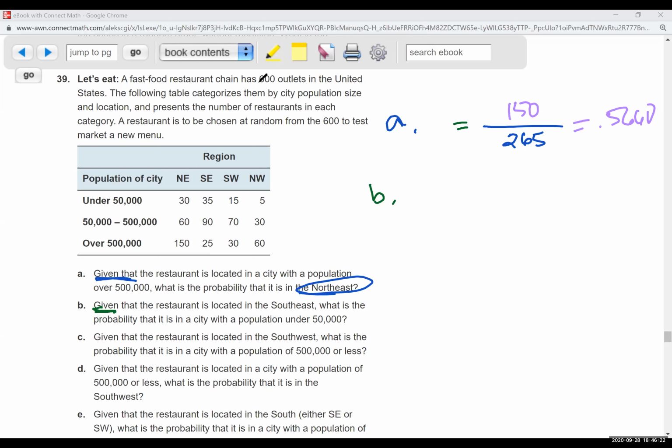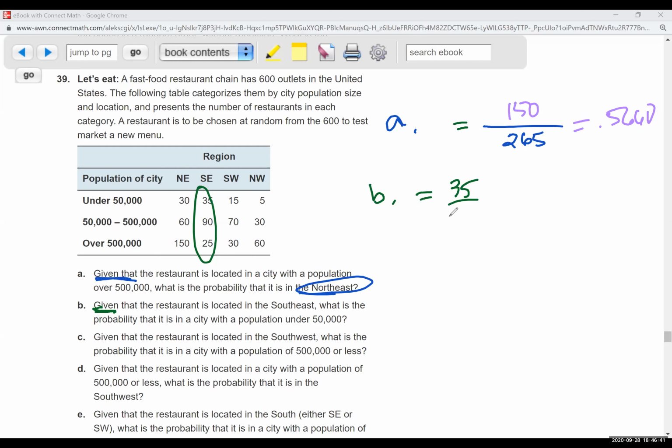Say that again. 35 divided by the total of SE, which is 90 plus 25, 150.